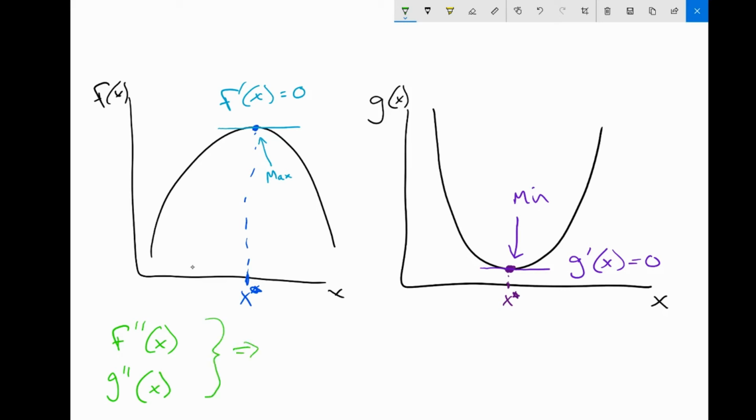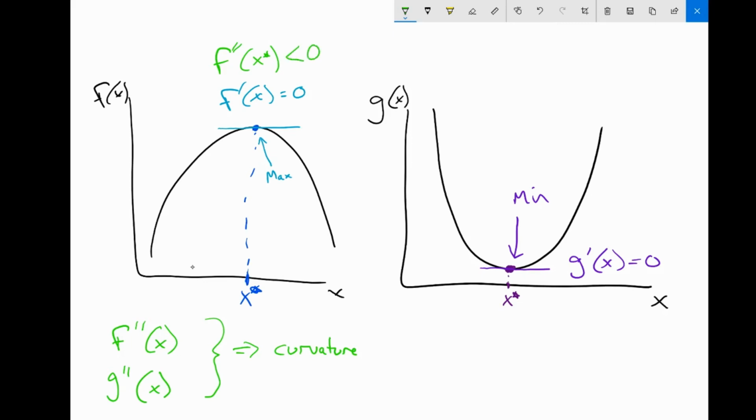The second derivative tells us the curvature of the function. If the second derivative is positive, then it will be convex. If the second derivative is negative, it will be concave. So, building on that, what is the second derivative of f of x at x star? Is it positive or negative?